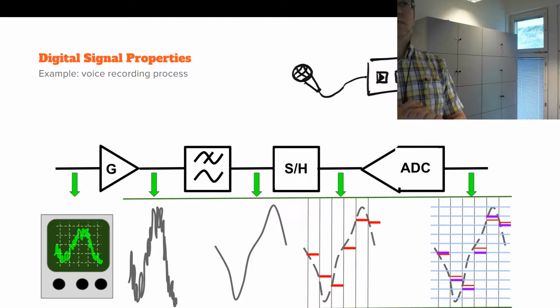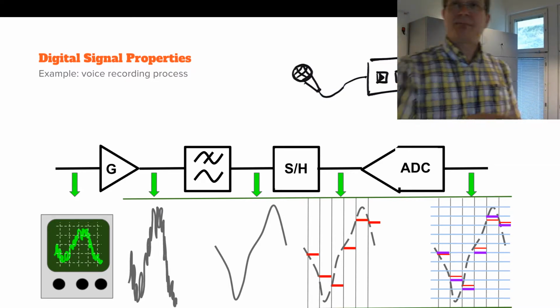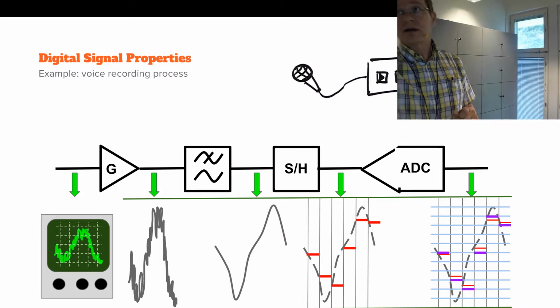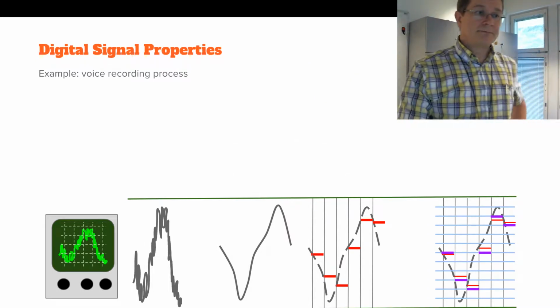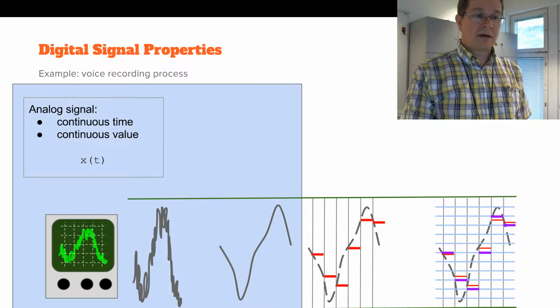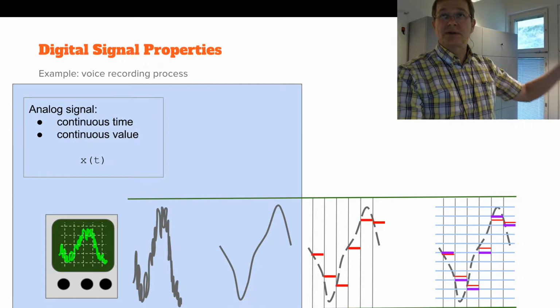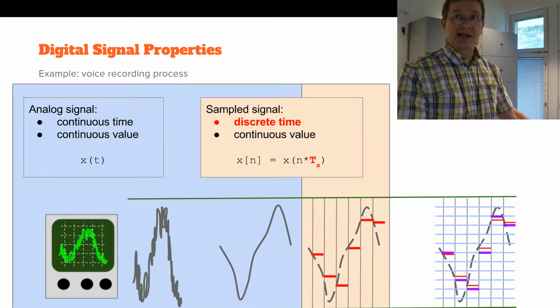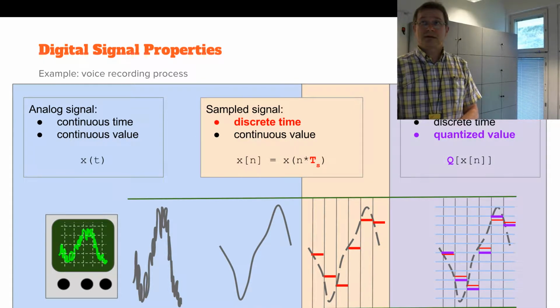Now we can talk about the sampled signal, or actually the digitized signal, not just sampled. Sampling is done already in the sample and hold, and then it's digital after the A to D conversion. So analog signal means continuous time, continuous value. Then we have the sampled signal, and at the end, the digital signal.